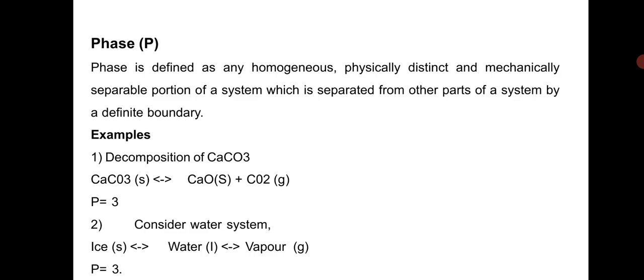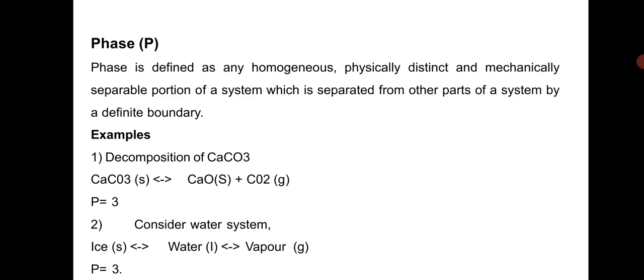Similarly, the liquid phase. The number of liquid phases in a system depends upon the number of liquids present and their solubilities, that is, miscibility. If two liquids are immiscible in nature, it forms three separate phases: two liquid phases and one vapor phase. Let us take the benzene-water system. Both exist in the liquid phase, but after some time they undergo evaporation, so a gaseous state also exists.